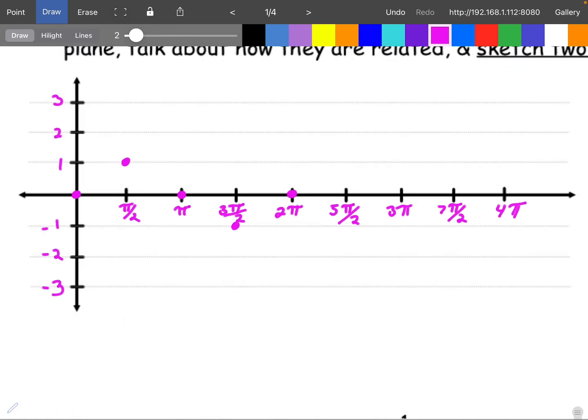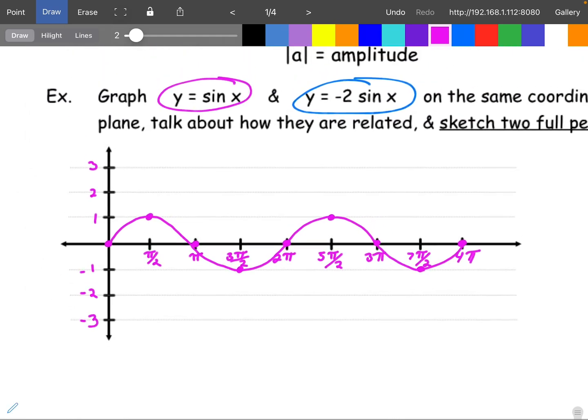So from 0, it's going to go back up to 1, then 0, then -1, and then 0. So that's going to be my basic sine function, but I have 2 full rotations. There we go. Okay, so that's the basic.